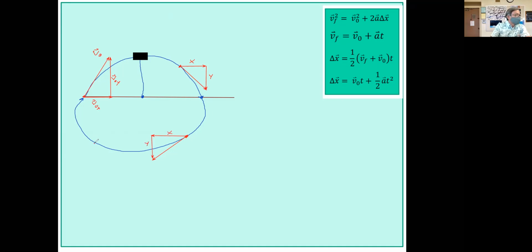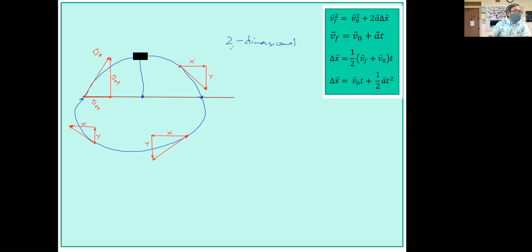At this point, as it returns back to the starting point here, if it follows that pathway, we're going to have a vertical and a horizontal component as well. So any object moving in a circular manner is also moving in a two-dimensional manner. So this is two-dimensional motion as well.